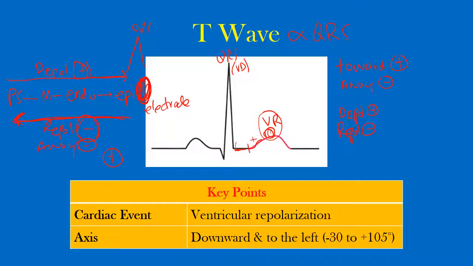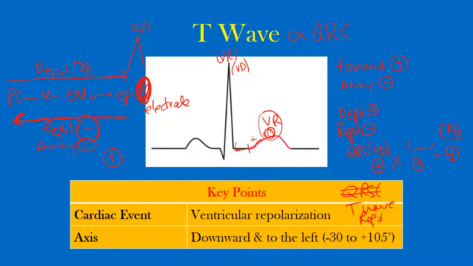So now think of our QRS complex representing ventricular depolarization. So we have a positive wave moving toward an electrode, also a positive wave. If we multiply those together, we get a positive, and this is what we will see on the EKG. And now if we look at the T wave, which is a repolarization wave, right?